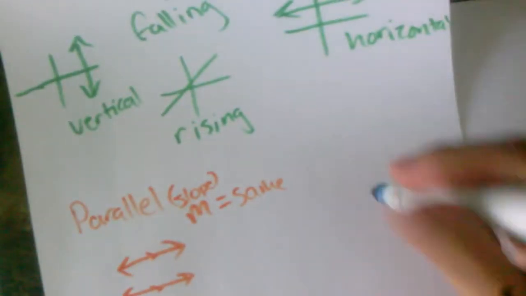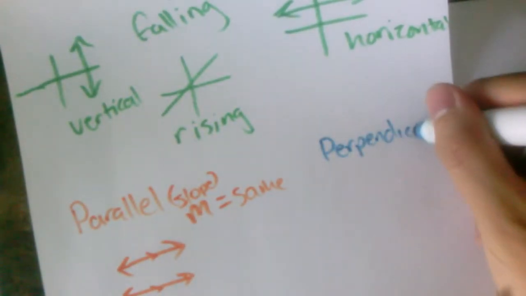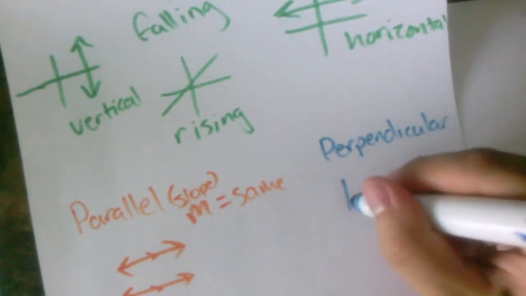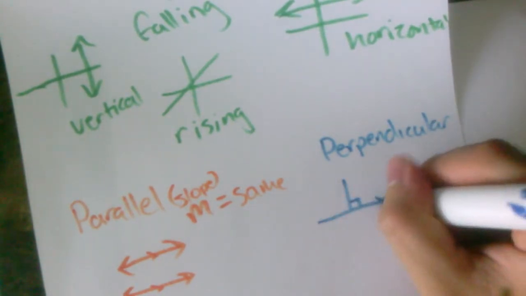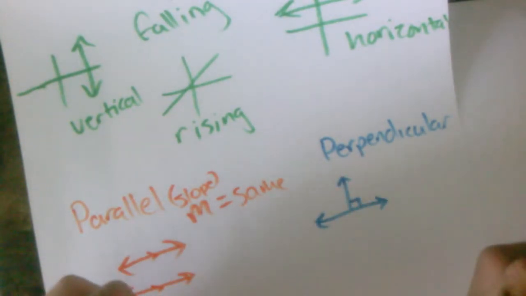On the other hand, you can have something called perpendicular lines. Perpendicular lines look like this. They meet at a 90-degree angle. So they form this T shape. Upside down T, I suppose, in my example.